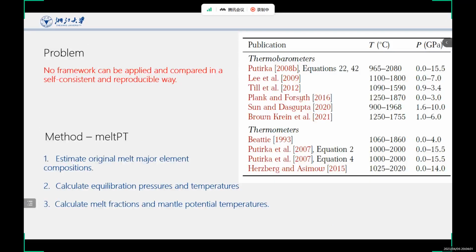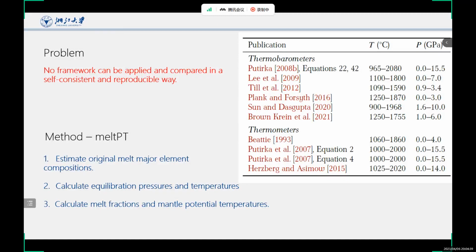But the problem we have here is that many people have introduced different thermobarometers, but there's not a standard framework to apply and compare them in a self-consistent and reproducible way. With the traditional way it's complicated, because we have to read their equations and do the calculation step by step in Excel.